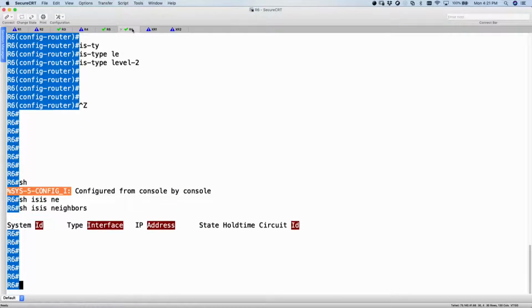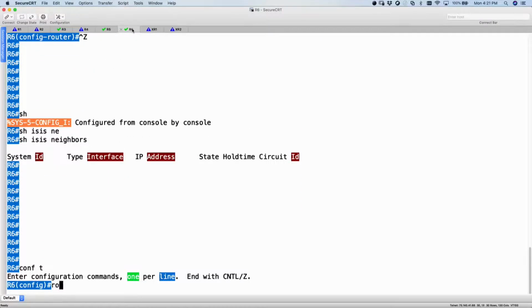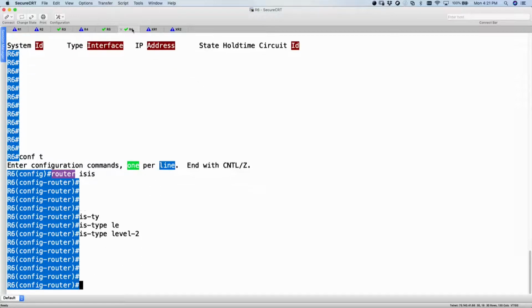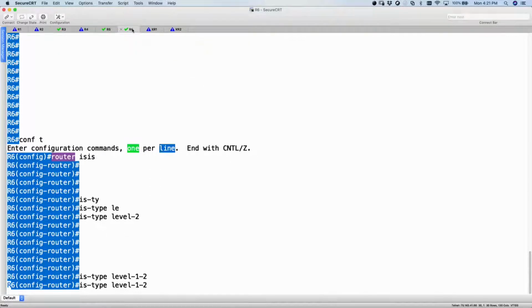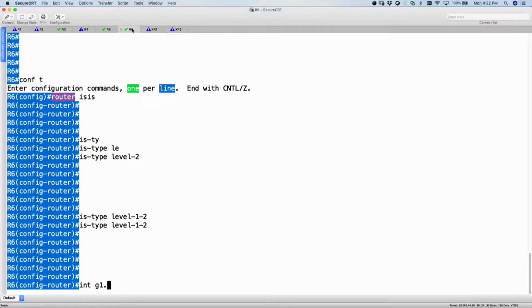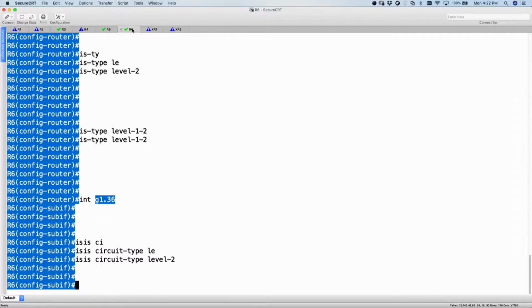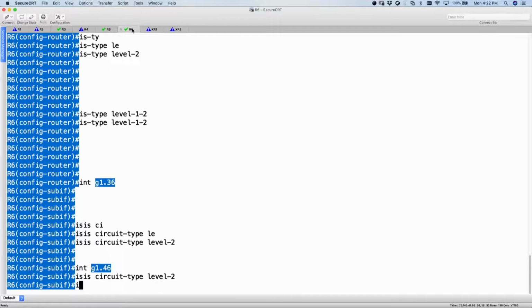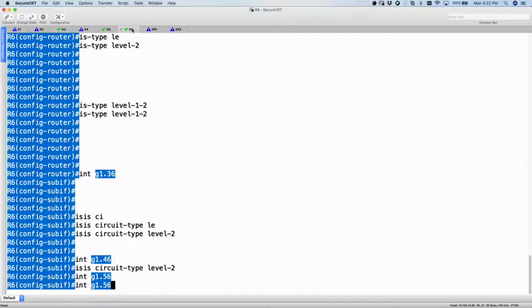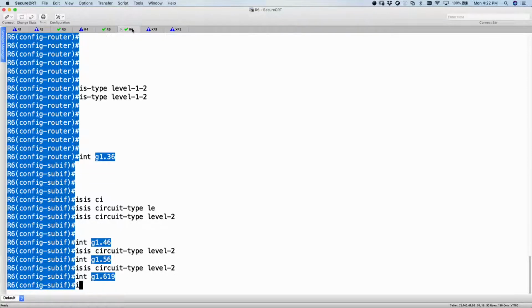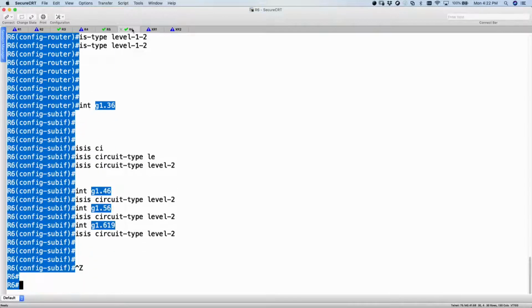Let's go to R6 also and change that. Router ISIS, IS type level 2 or level 1-2. And then interface gig 1.36 ISIS circuit type level 2. Then 46 would be level 2. 56 would be level 2, and 619 would be level 2.